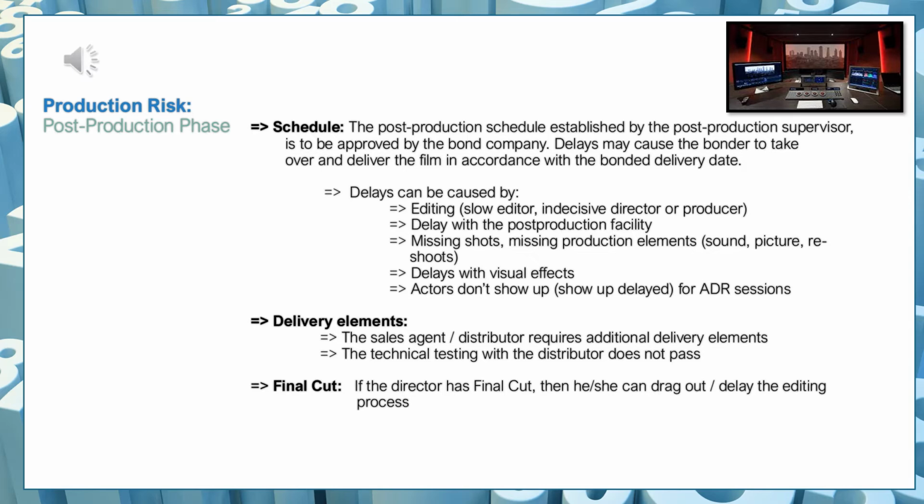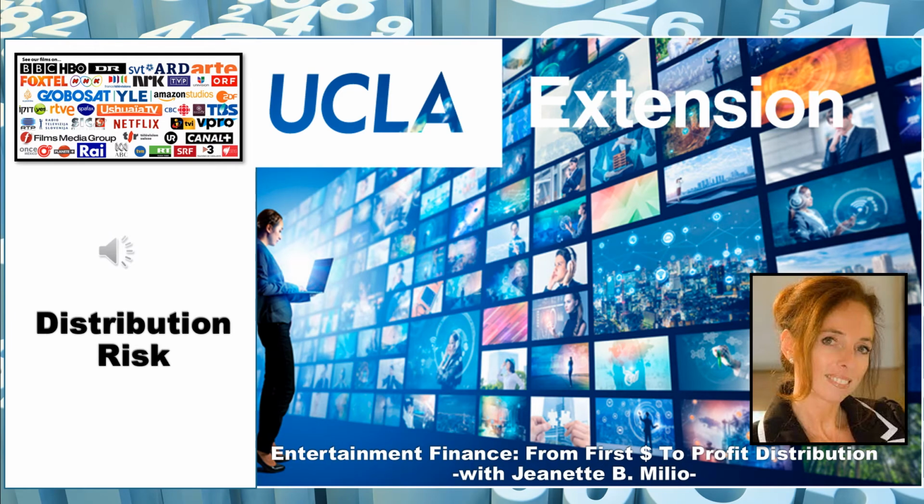So in my case, there will not be any final cut. And today, most directors do not have final cut, even if they're A-level directors. So the idea here for the producer is not to give the director final cut, because that could delay the process. Again, as we talked about earlier, an indecisive director with final cut could drag their feet, and it could take forever. Let's take a look at some of the distribution risks we could be facing.